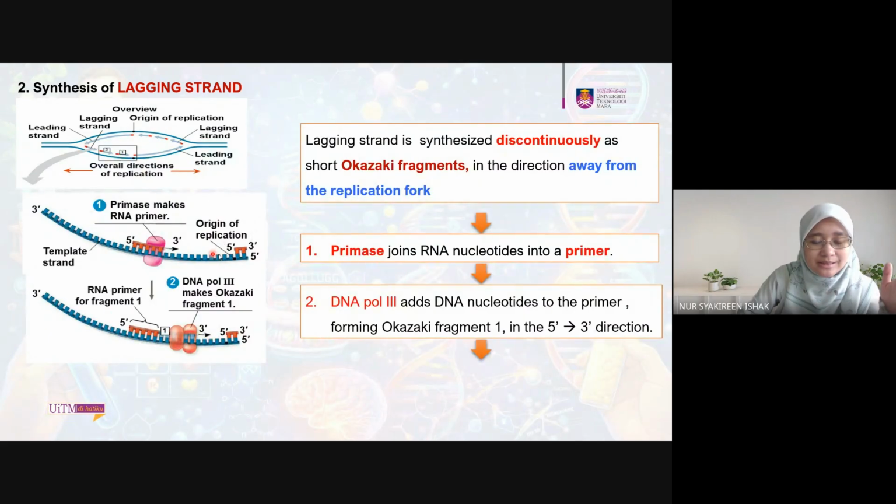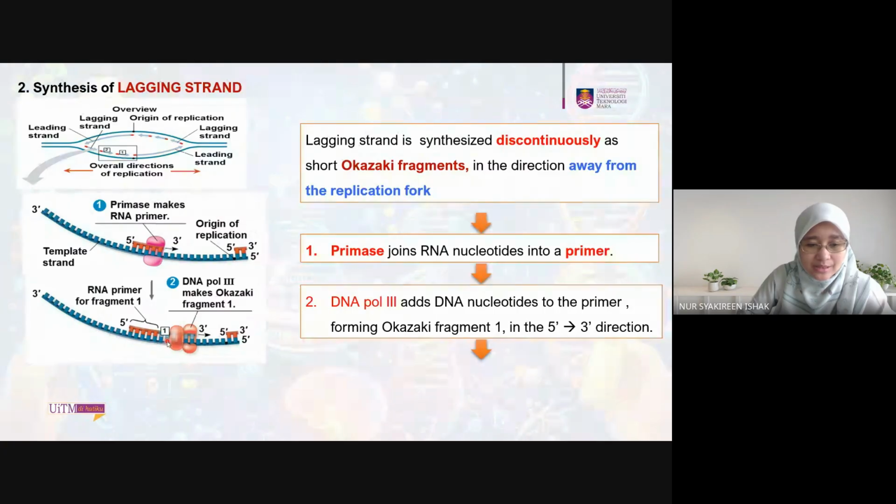The primer is not synthesized at the origin, but further away from the origin of replication, somewhere here. Once the RNA primer is synthesized, a 3' end is available for DNA polymerase 3 to add DNA nucleotides to the primer to form the Okazaki fragments.